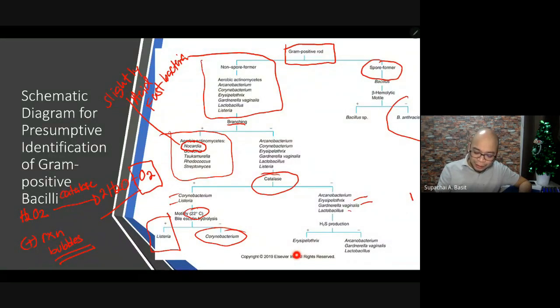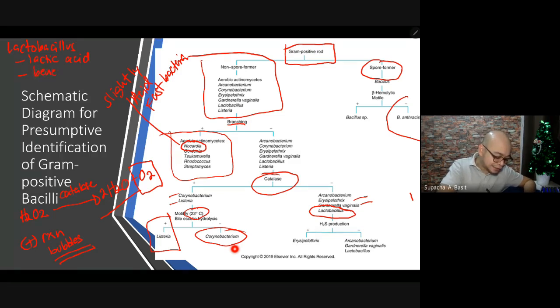Although I will not be discussing Lactobacillus now, let me give you an idea of what Lactobacillus is. These are capable of fermenting lactic acid, and the majority of them are actually beneficial organisms.